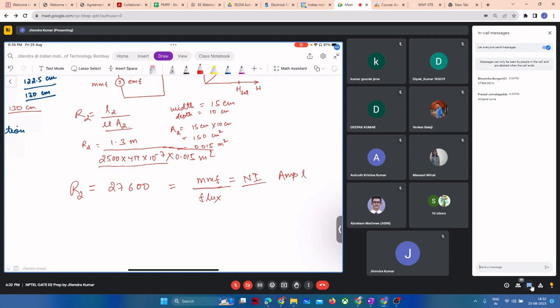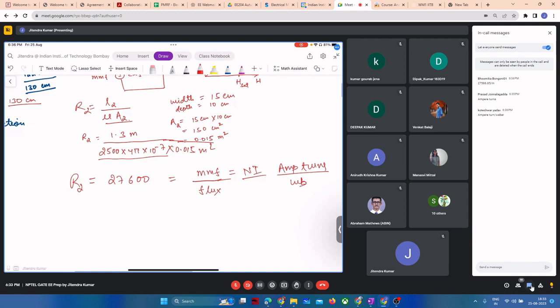Ampere turns is correct, but it is the unit of MMF only, and flux has some unit, right? So ampere turns per Weber. That should be the unit of reluctance. The unit of flux is Weber, so it is ampere turns per Weber. Yes, that's correct, Koteswar.